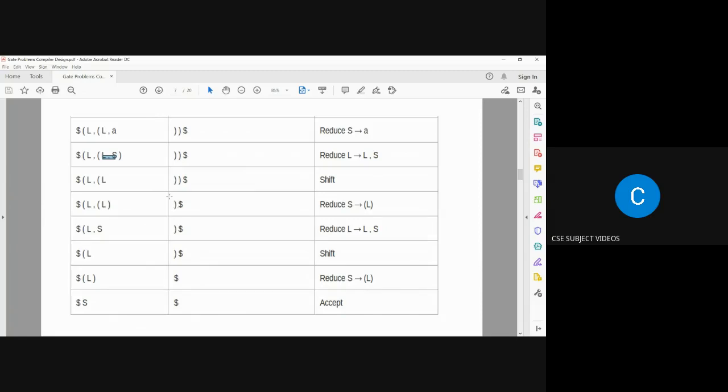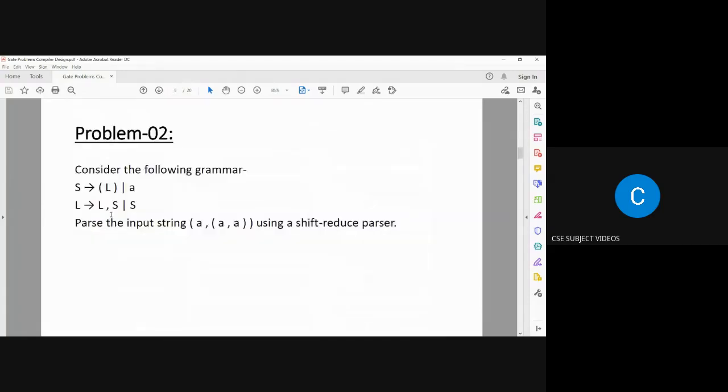Now the remaining input symbols are the closing bracket only, and then $. With this what will we do next, shift operation or reduce operation? Open bracket L close bracket, come to our production.